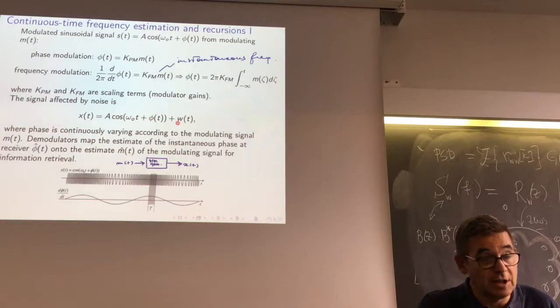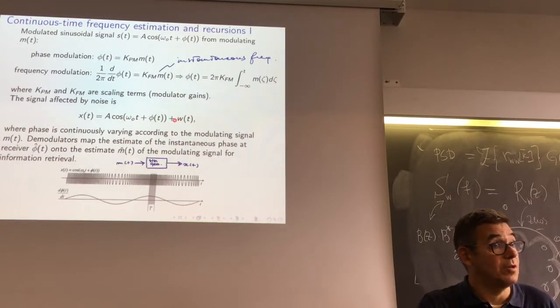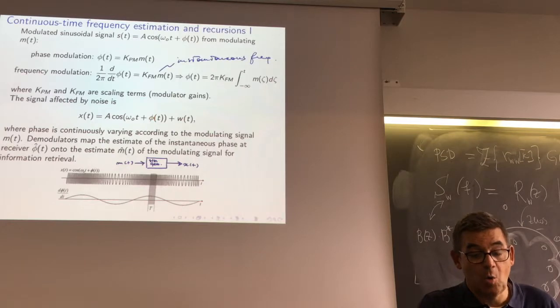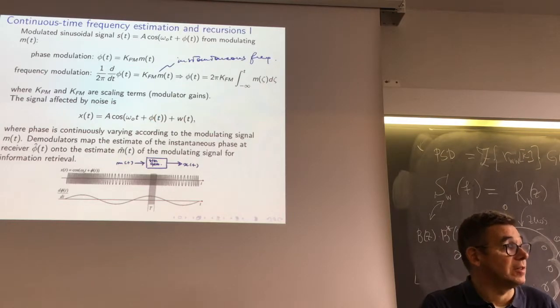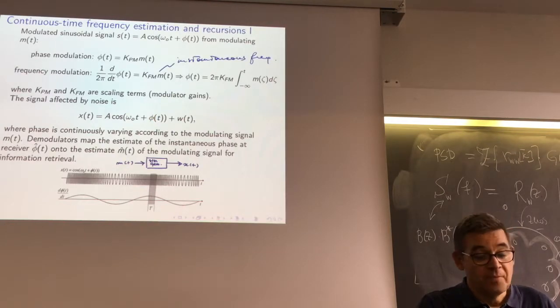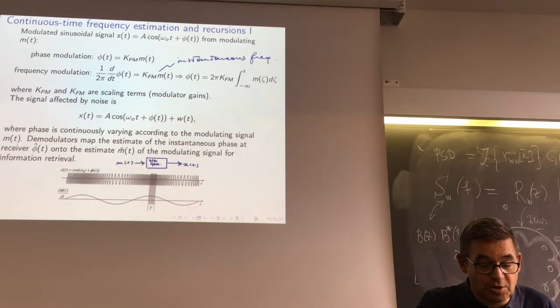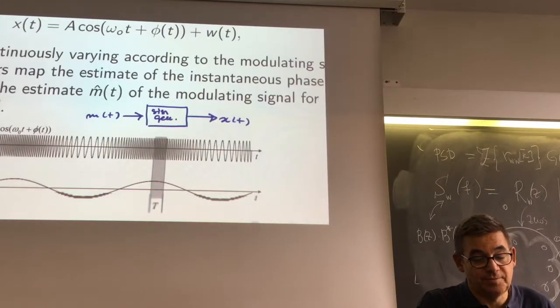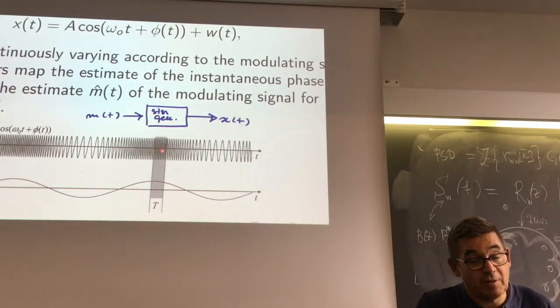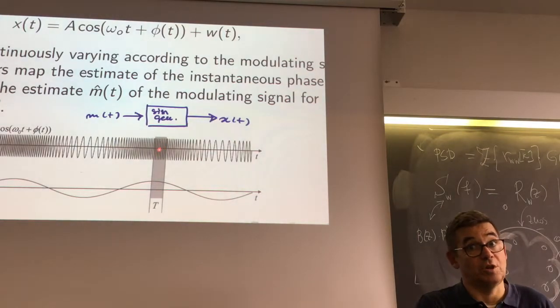Now, this model is continuous time. My goal is to estimate the instantaneous phase, which means the phase within a certain interval. So one question is, how big is the interval? The interval should be such that within the interval T, the variation of the phase is close to zero. So if I make this interval capital T small, the frequency of the sinusoid is almost constant.